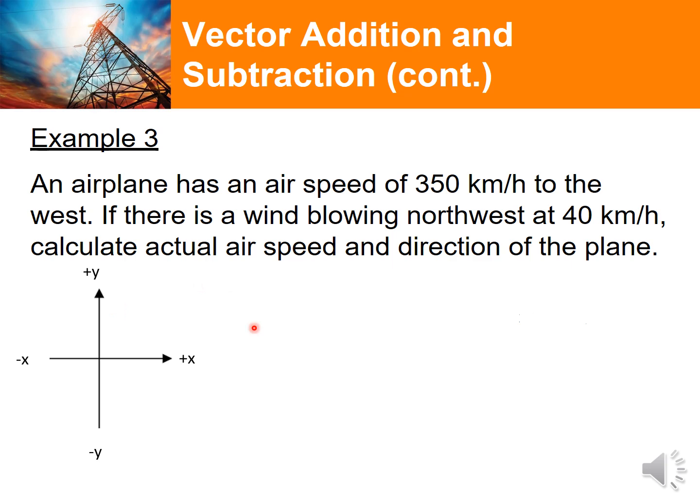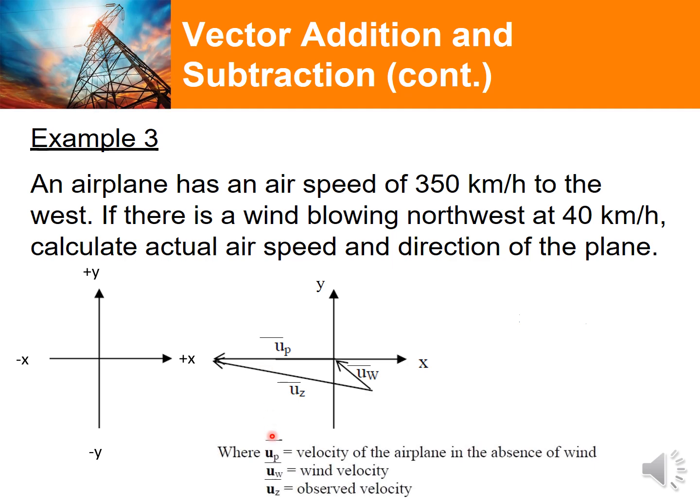Looking at the problem statement, we can identify three vectors involved in this problem. The vectors include UP, the velocity of the aeroplane in the absence of wind, UW, the wind velocity, and UZ, the observed velocity that needs to be calculated.